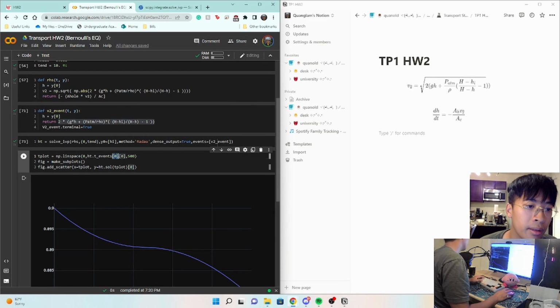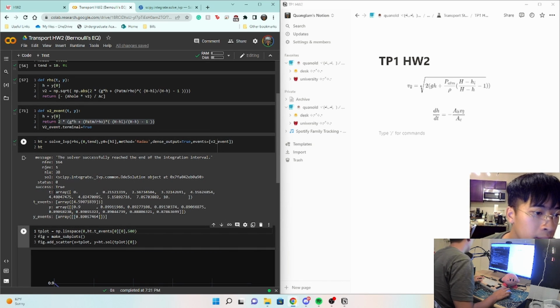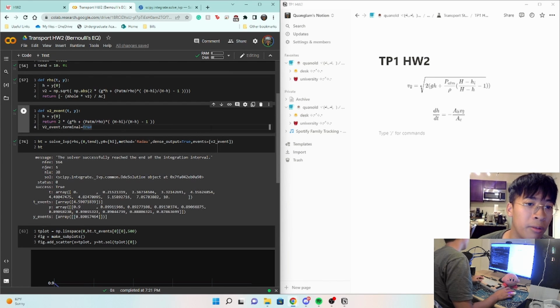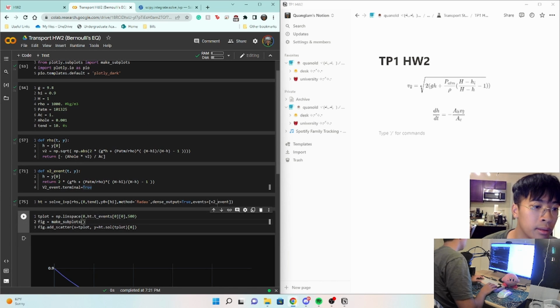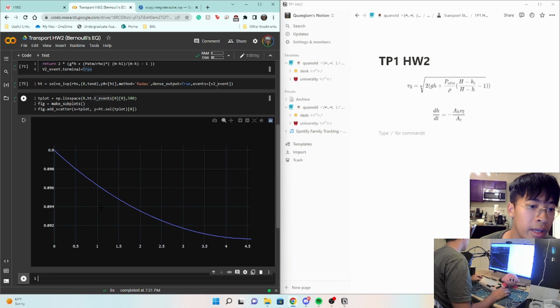It should be 2 of them, because again, let's open up ht. You notice that t_events is an array within an array, or a numpy array within a Python list. So you have to index it twice to grab the correct value. So let's go off and do that. And we plot. And check it out.